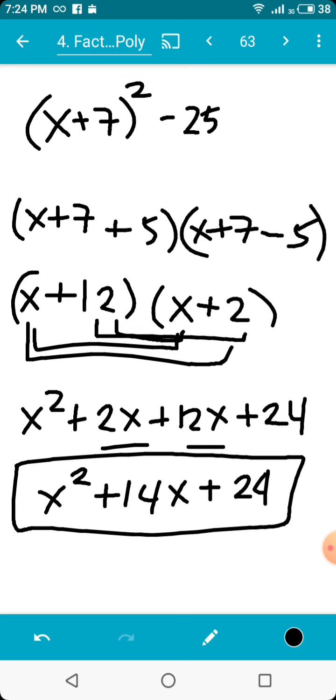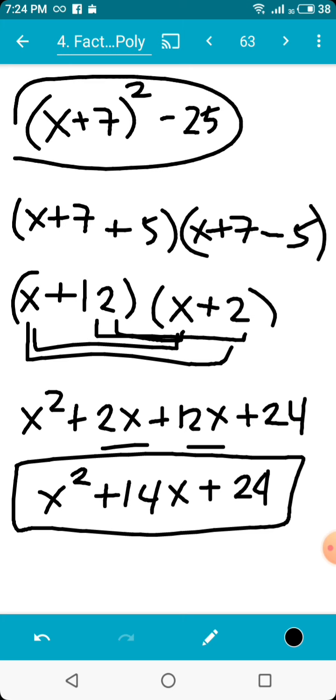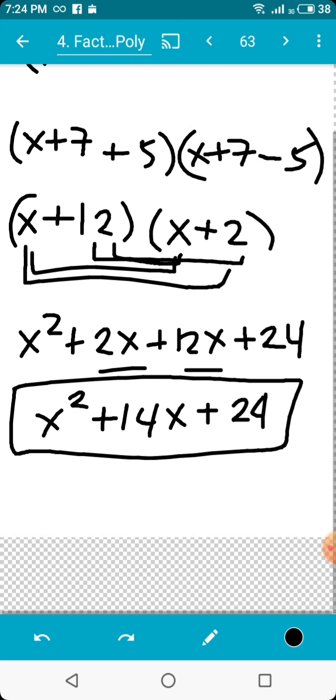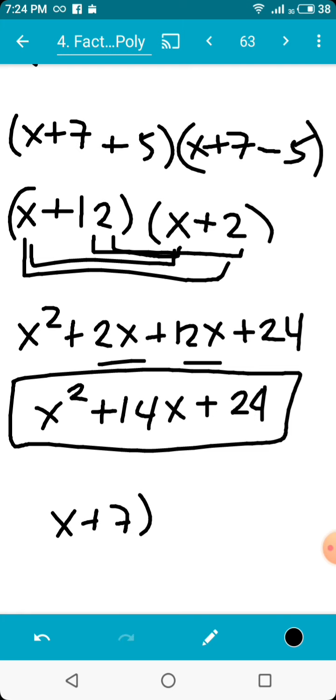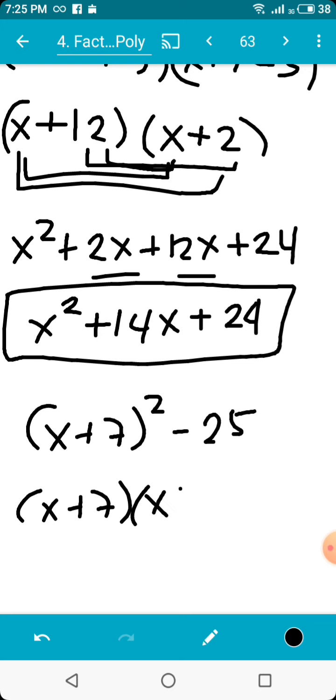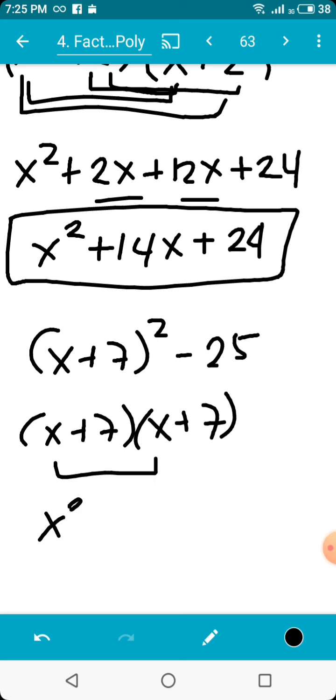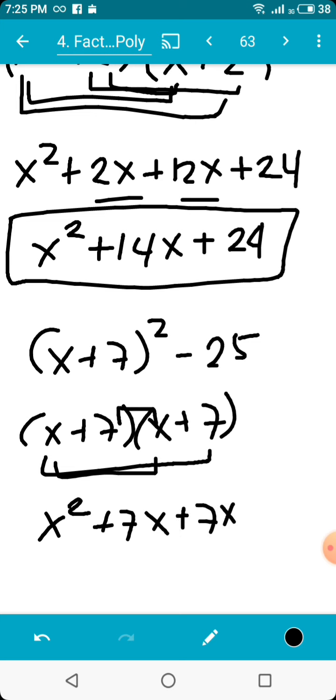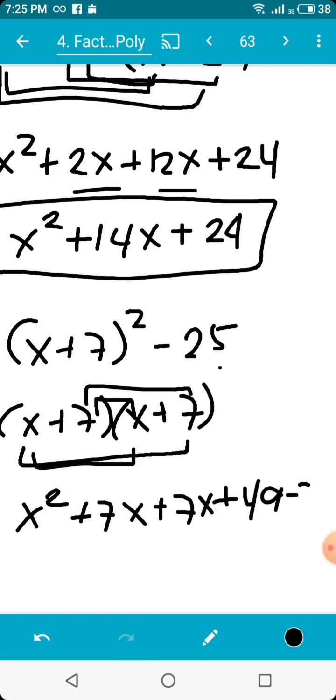So, ang gagawin natin to compare kung tama tayo is kunin naman din natin to. I-solve natin yan, okay? So, we have here x plus 7 in square, then minus 25. So, i-square natin to by using FOIL method ulit. Okay, so we have here x squared, and then positive 7x, positive 7x, positive 49, and then bring down this, minus 25.